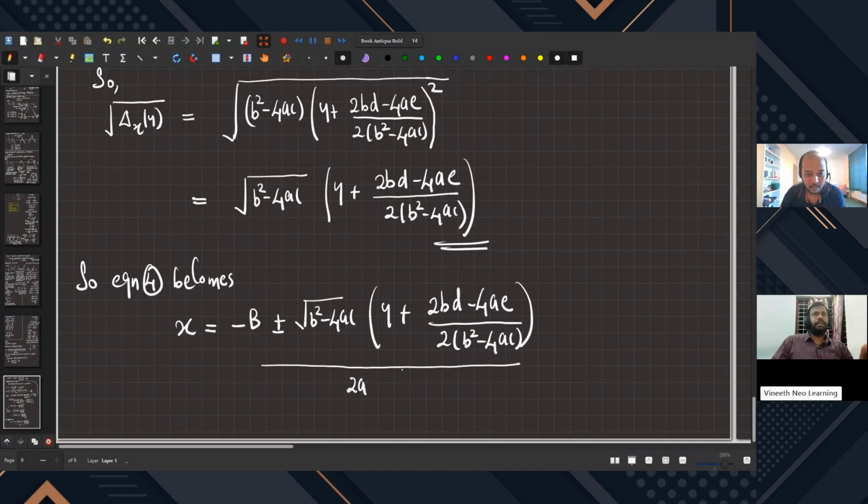I will move the 2a to the left side. So 2ax equals minus b plus or minus this relation. Now let's split. This is not just one equation; these are two equations, plus or minus.